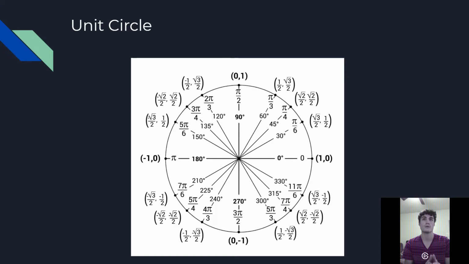Whereas for sine theta, when we go from pi to 0, or from 180 degrees to 0 degrees, all below the x-axis, those sine theta values are all negative now.